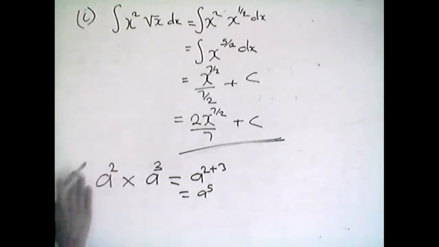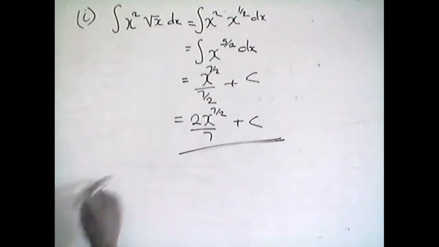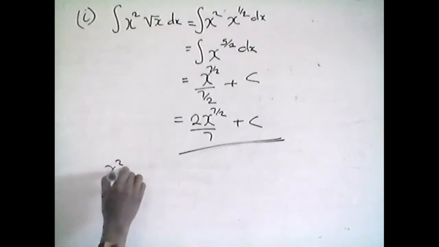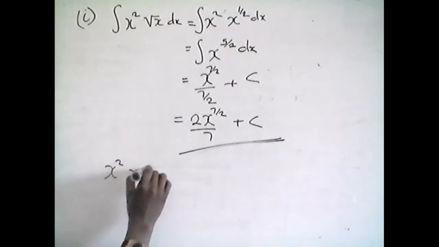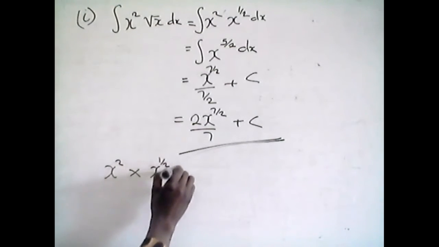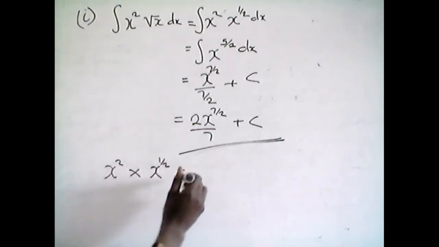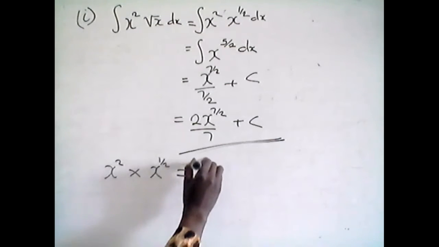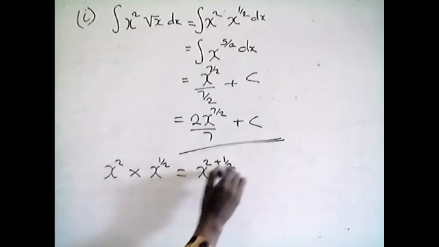So the same thing that we did on that one, where we have x squared multiplied by x to the power 1/2, we also do the same: it is x to the power 2 plus 1/2.